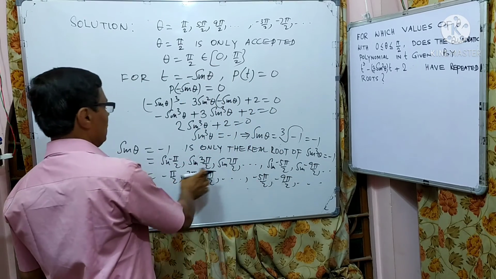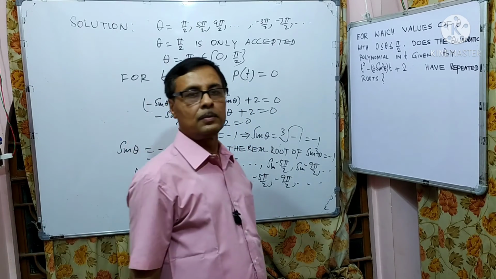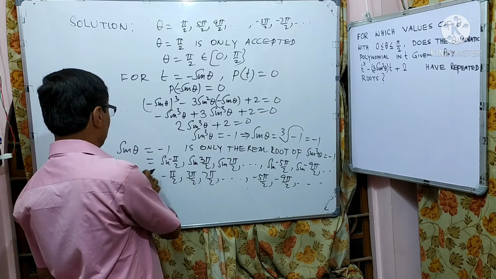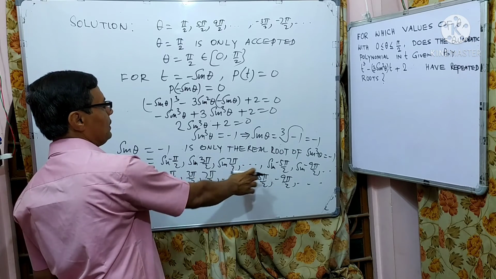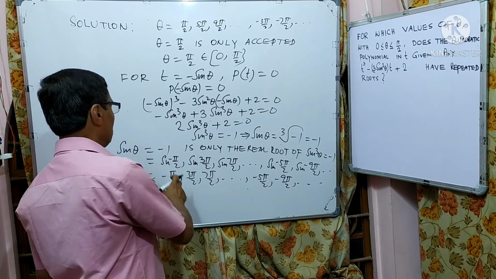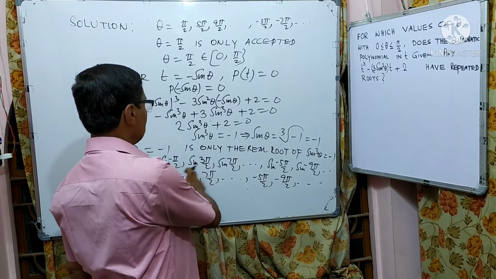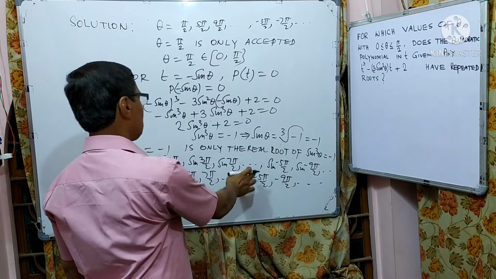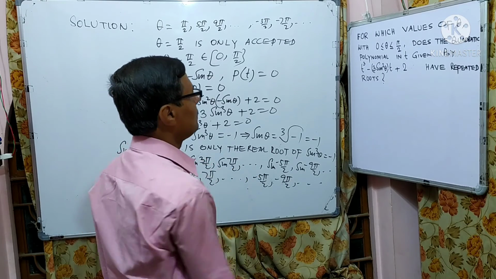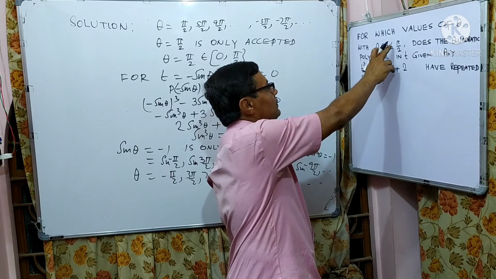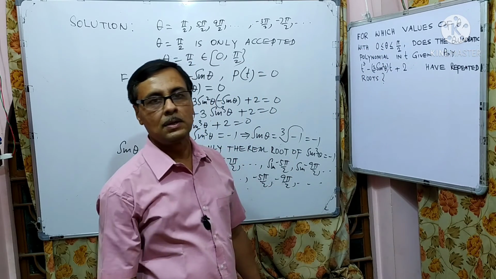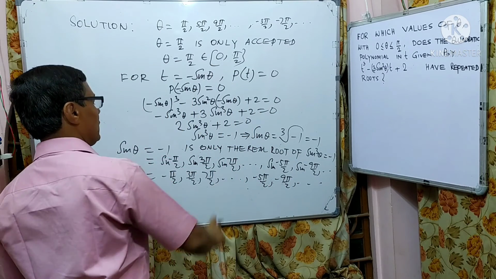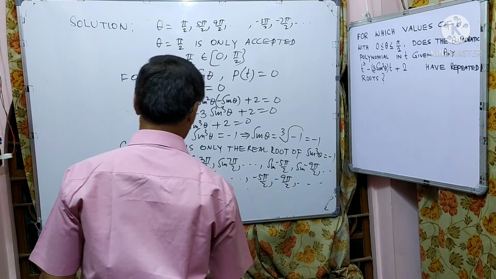So here no root can be accepted. All roots are rejected because these roots do not satisfy the inequality 0 less equal to theta less equal to pi by 2.